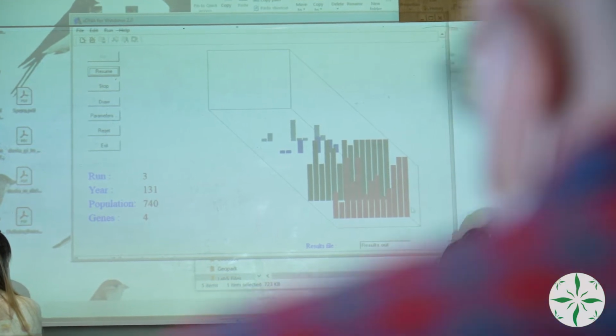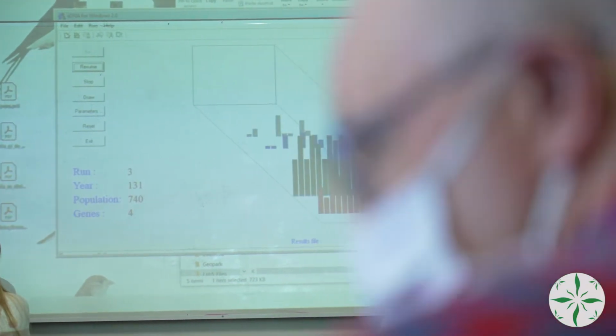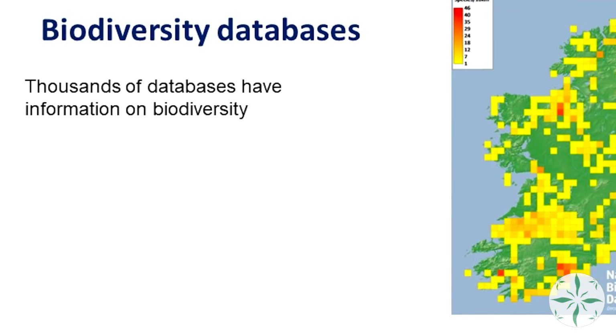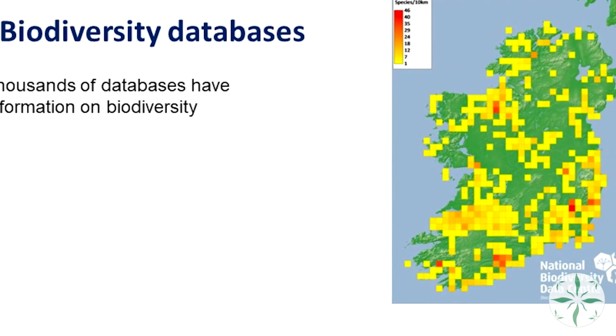Then we teach them a little bit of an introduction to GIS, Geographical Information Systems, and online databases that are based on GIS techniques. So there's a whole set of R libraries that are designed to help you to interpret data.